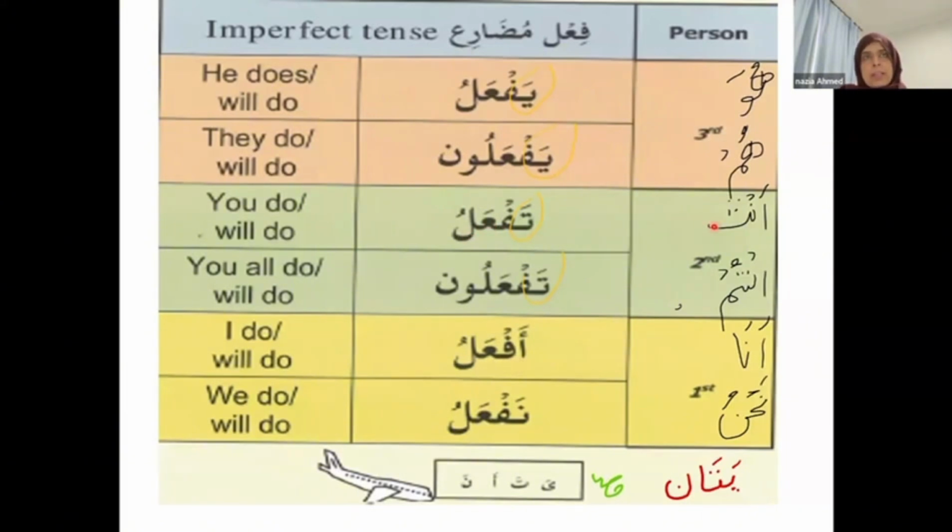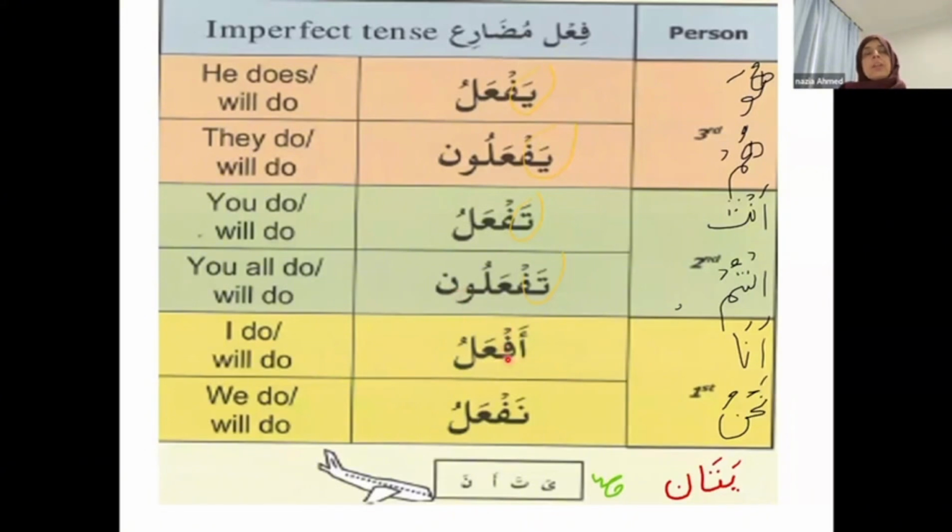Same formula again. Dual taf'alani. And then for antum, taf'aluna. Yaf'alu, yaf'alani, yaf'aluna. Taf'alu, taf'alani, taf'aluna. We add vowel noon again to make it plural.